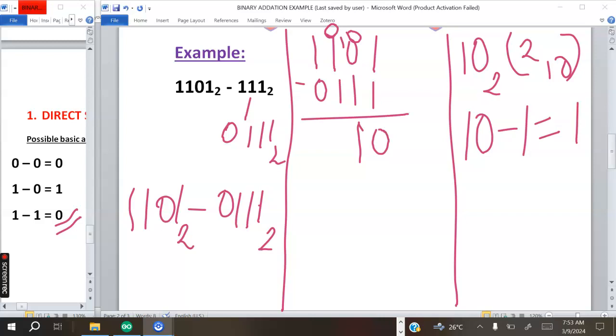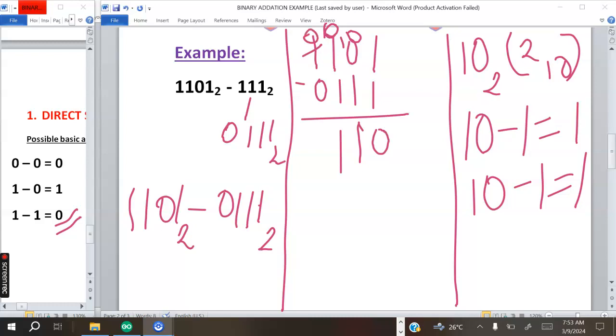Therefore, if the new value there is 0, it means that we carry this one, the one on this part, to 1, 1. So we'll have 1, 0 minus 1, which will give us 1. So we'll have another 1 here, meaning that after we borrowed the 1, we remained with 0.